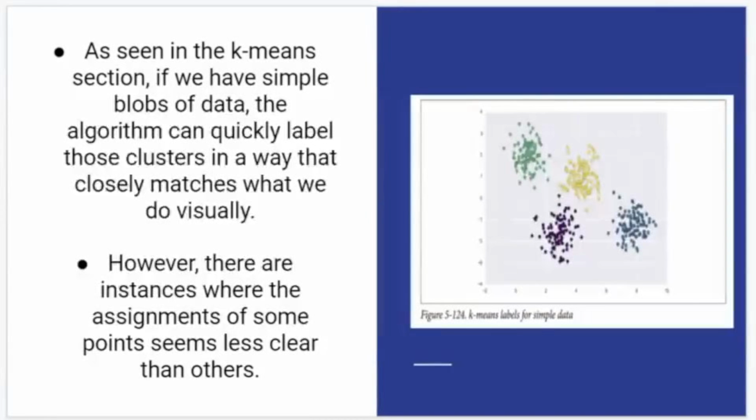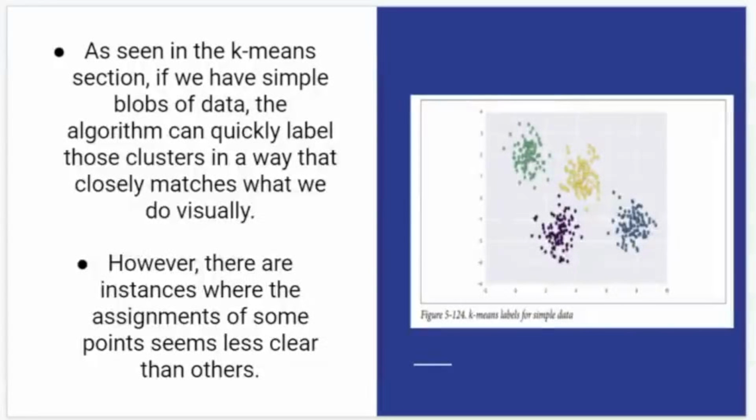As seen in the k-means section in the previous presentation, if we have simple blobs of data, the k-means algorithm can quickly label those clusters in a way that closely resembles what we do visually. However, there are some instances where the k-means assignments of those points seem less clear than others.